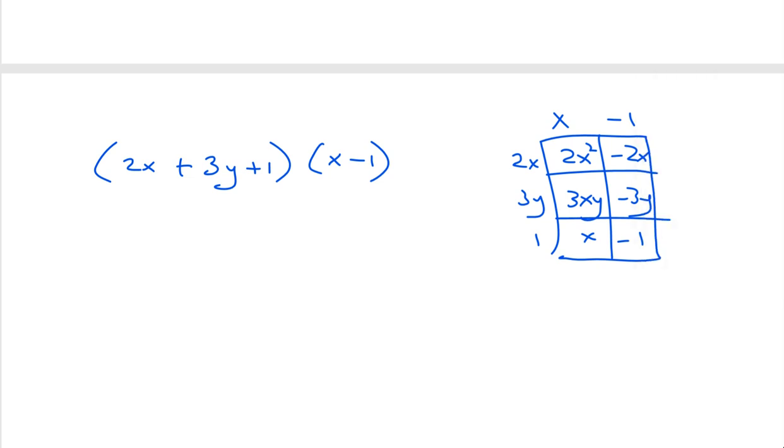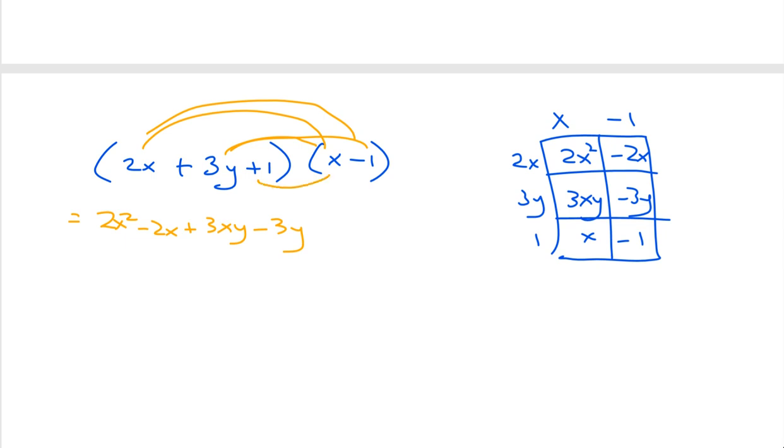Okay, let me switch color and let's do it with distribution. 2x times x, 2x squared. 2x times -1, -2x. 3y times x is plus 3xy. 3y times negative 1 is minus 3y. 1 times x is plus x. 1 times negative 1 is negative 1.